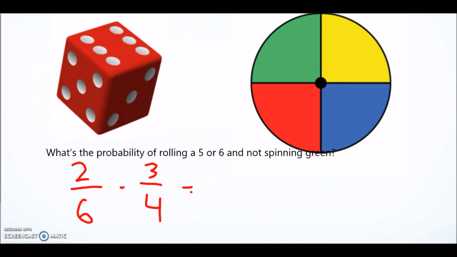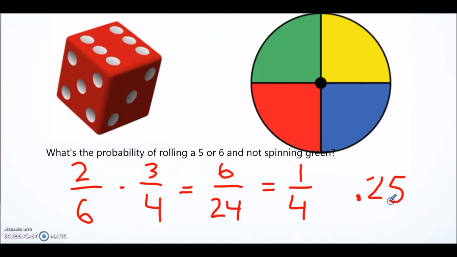So now we, again, do not need common denominators. We can multiply straight across. 2 times 3 is 6. 6 times 4 is 24. We always reduce fractions. That is 1/4. If they asked us for a decimal, that's an easy decimal, 0.25. And again, we just look at each event by itself because one does not change the other.